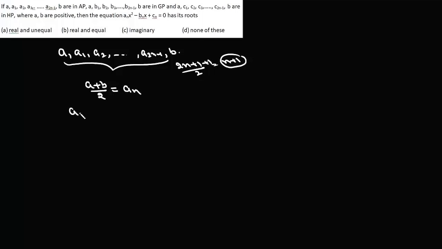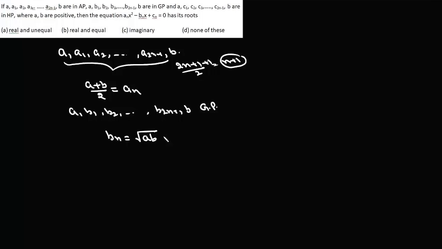Now we are given that A, B1, B2, ..., B2n minus 1, B are in GP. If they are in GP, then their middle term Bn will be equal to the geometric mean of terms equidistant from the beginning and end.